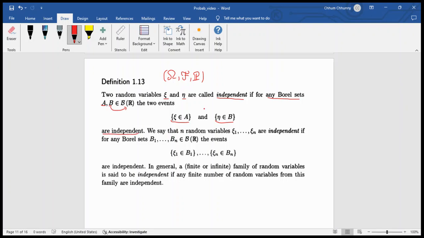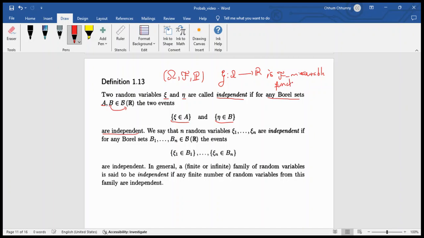And we say that this one we use two random variables first. And what does it mean for this statement? It means that we know already that the random variable is a mapping from omega to R in this probability space, and the random variable psi has to be an F measurable function.